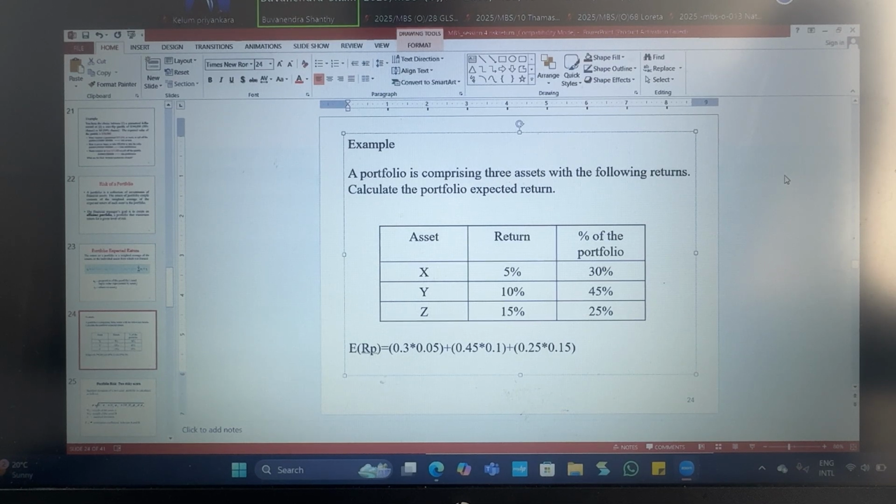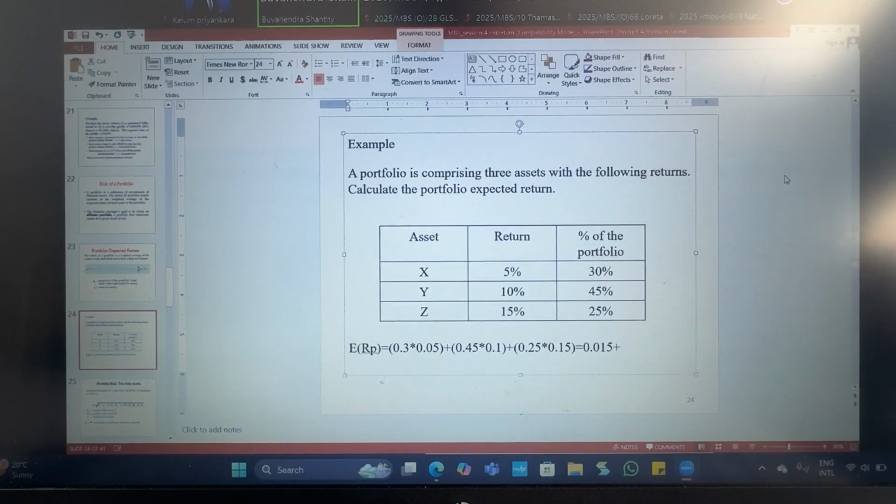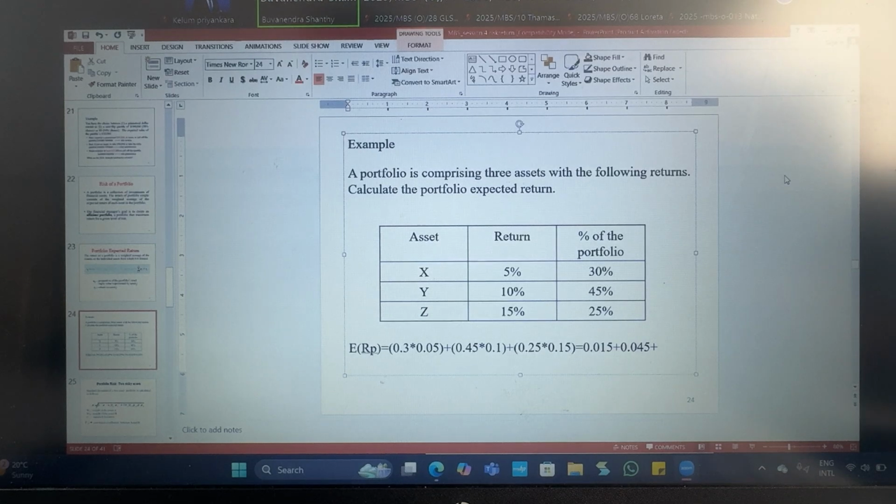If you calculate that, you can see 0.3 multiplied by 0.05 is 0.015, plus 0.45 multiplied by 0.1, which is 0.045, plus 0.25 multiplied by 0.15, which is 0.0375.